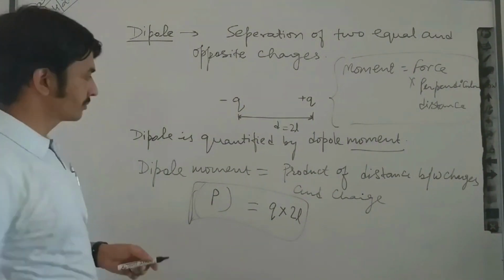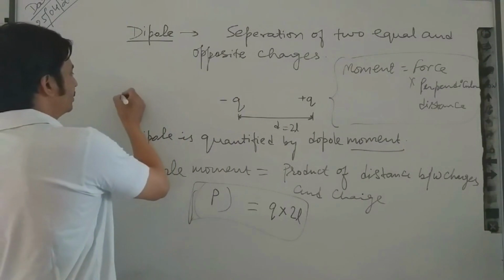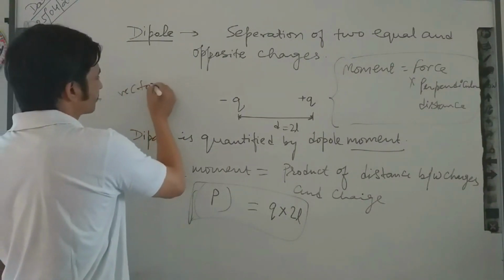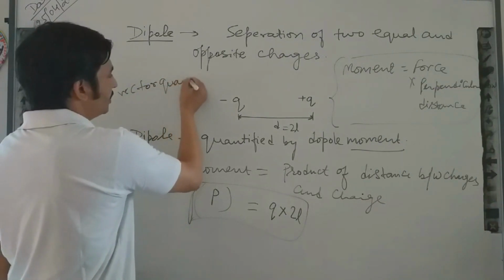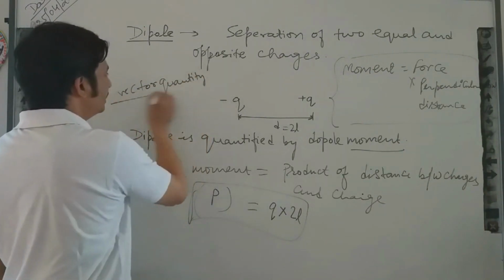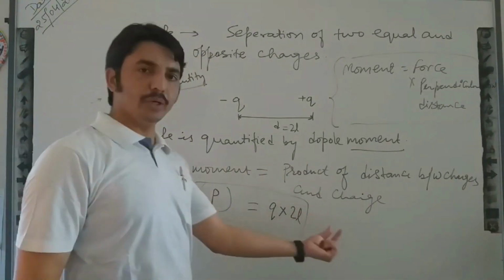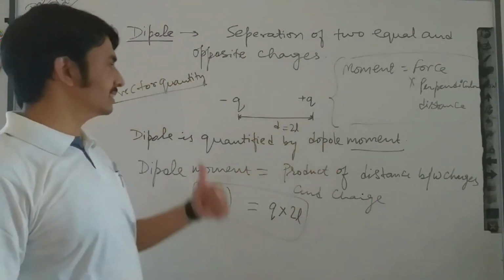Dipole moment is a vector quantity. Vector quantity means it has magnitude. What is the magnitude? Magnitude is Q into 2L. And what will be the direction?